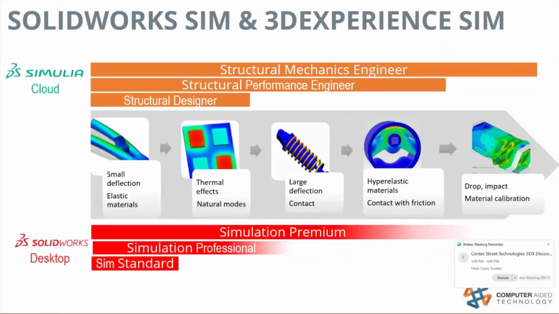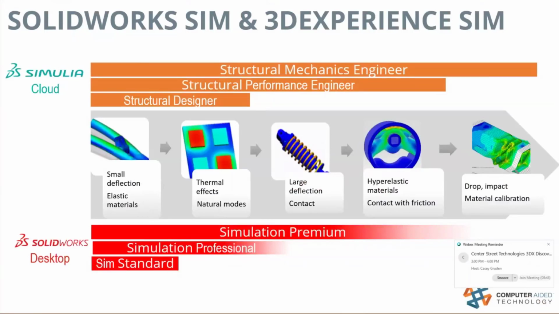So on the simulation side of things, like we mentioned, you can leverage the Simulia brand. So here, when we're doing simulation on the SolidWorks side of things, everything's being solved locally. Now here in Simulia, we're using that Abaqus solver, which is the industry standard for doing large, high-problem situations.